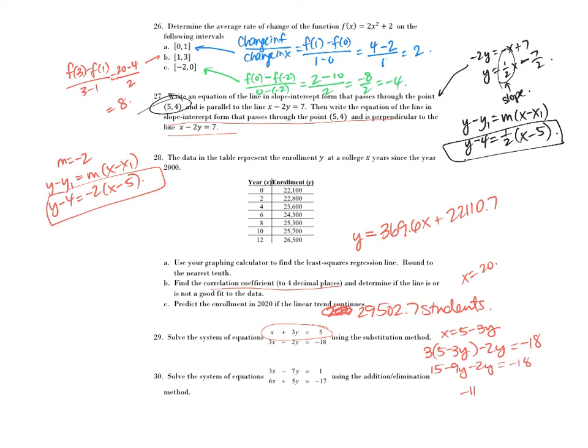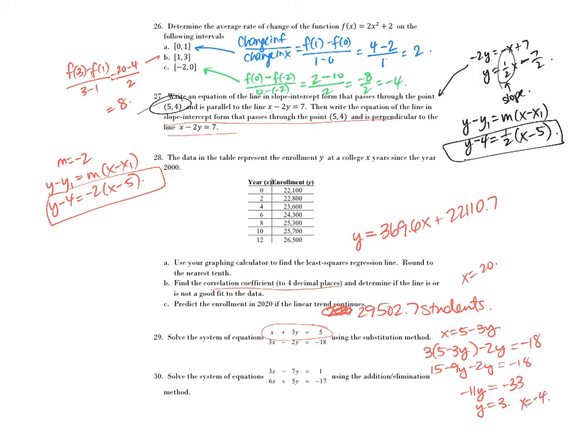That's -11y. If I subtract that 15 over, -18 minus 15 is -33. So if I divide by -11, y equals 3. And so that tells me x is equal to 5 minus 3 times 3, so x is -4.